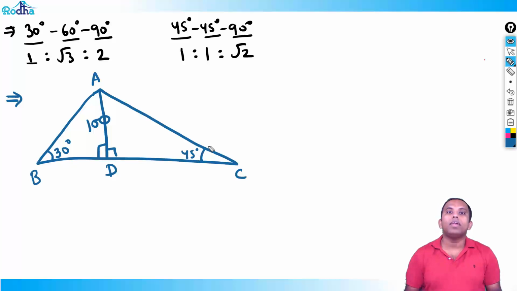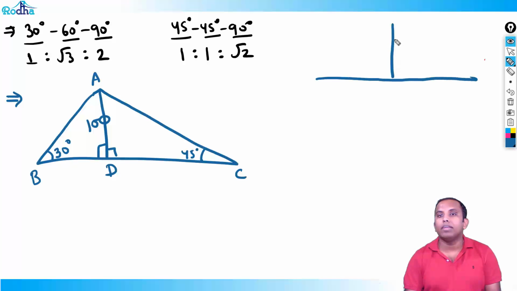Now see, a similar application you can see in the height and distance chapter in trigonometry. Let's say there's a building AD here, on the earth. This is a building of height 100 meter.